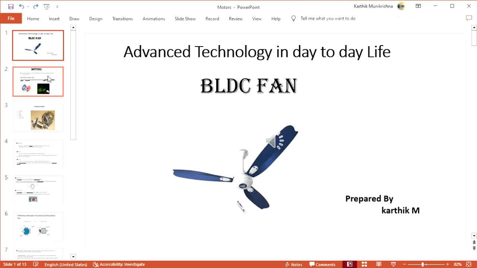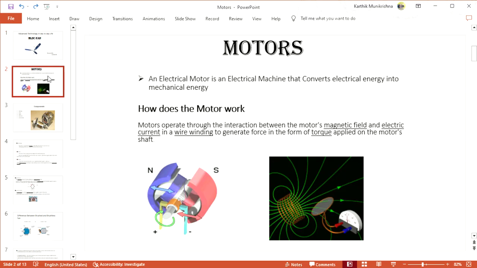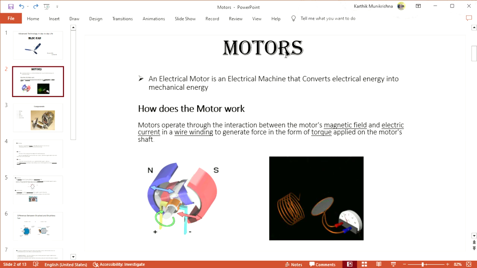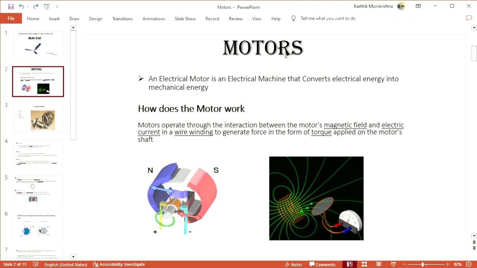Before going to the topic, I have to explain a small introduction about what a motor is. So this is the main concept. An electrical motor is a machine that converts electrical energy into mechanical energy. So how does the motor work?